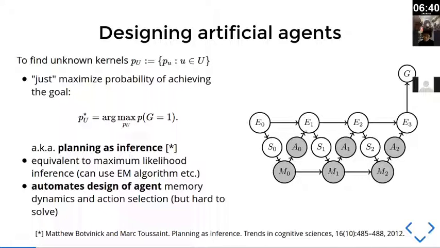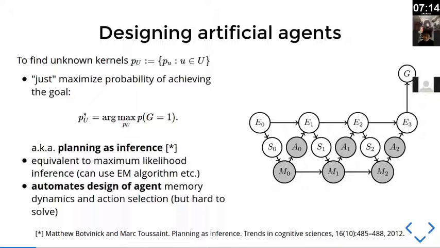So you look for those gray nodes that maximize the probability that your goal node is equal to 1, which is how we represent that the goal is achieved. If you have some reward function, you can use the same approach; you just have to make sure the probability of achieving the goal depends on this reward function in some way.